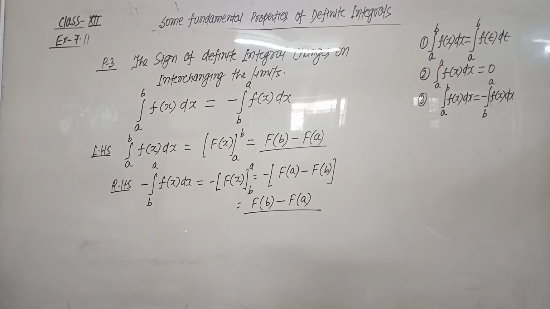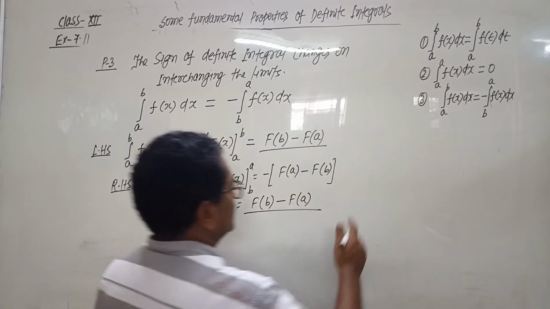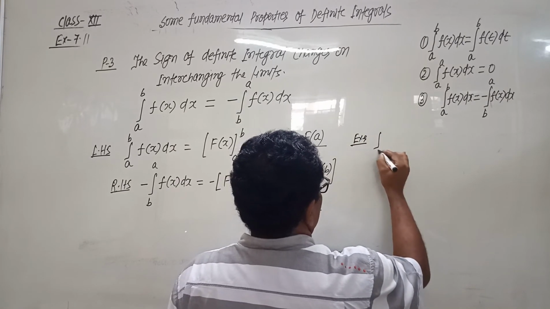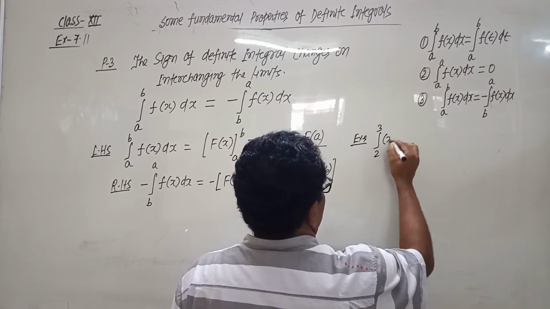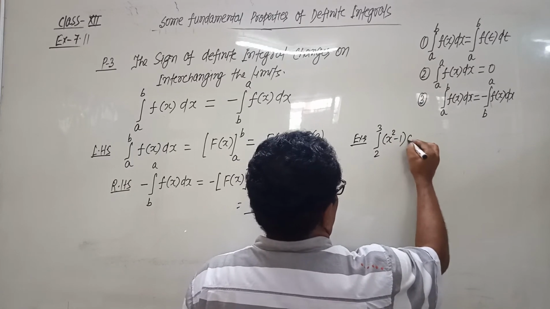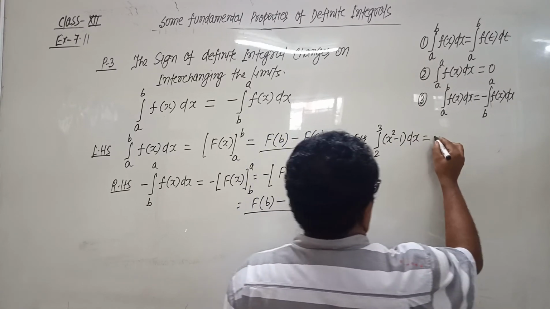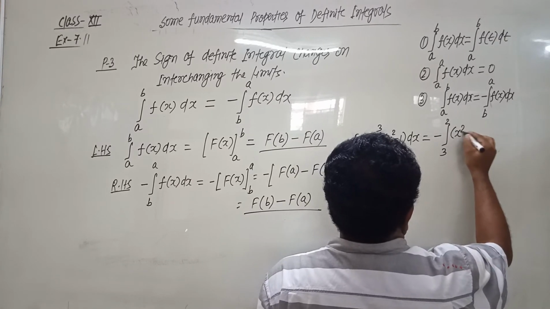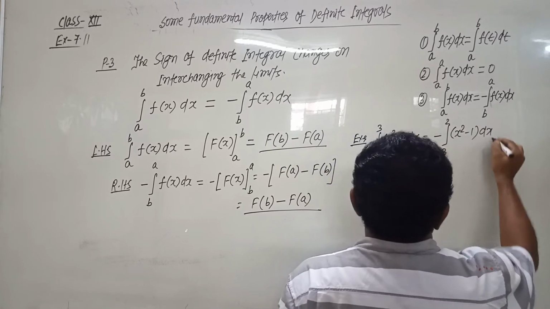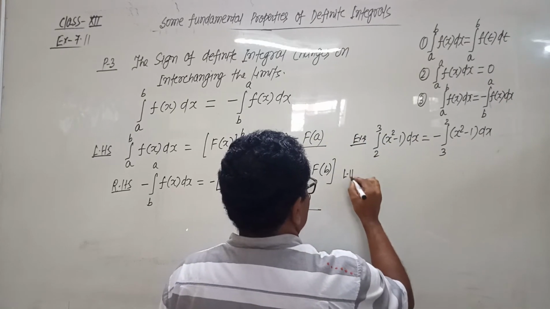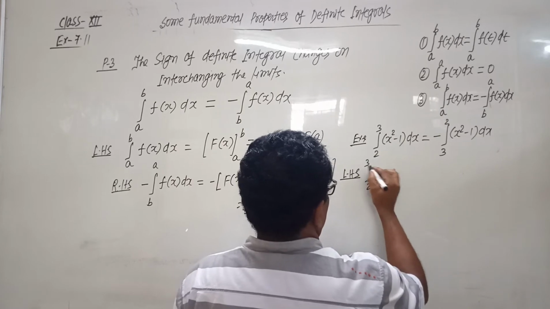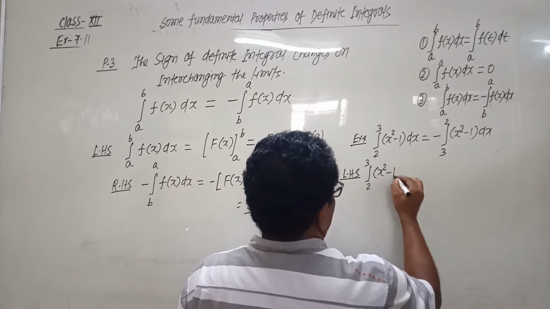Let us see one example. Integration limit 2 to 3 x square minus 1 dx is equal to minus integral 3 to 2 x square minus 1 dx. So solve LHS. So integration of 2 to 3 x square minus 1 dx.